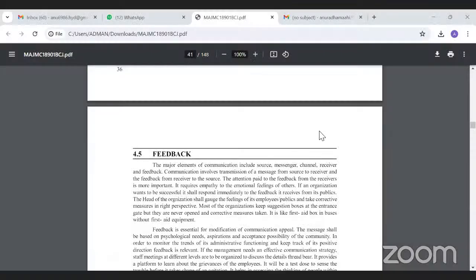Let me know whether you can see my screen or not. Is my screen visible? How many of you have your copies right in front of you, the textbooks? Is it visible now?